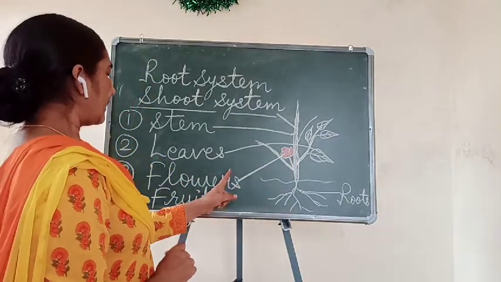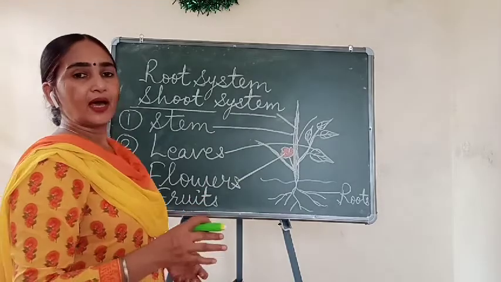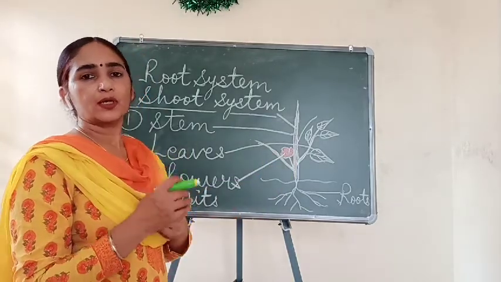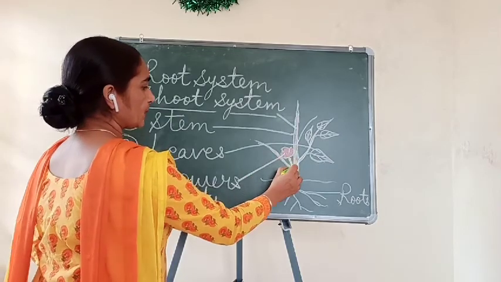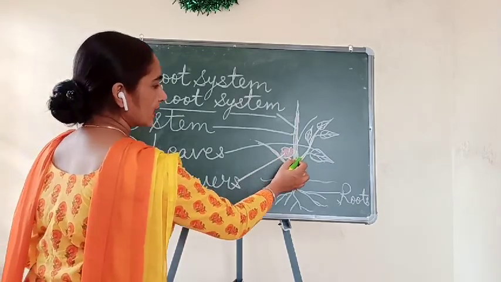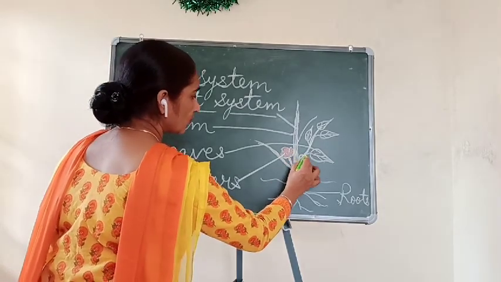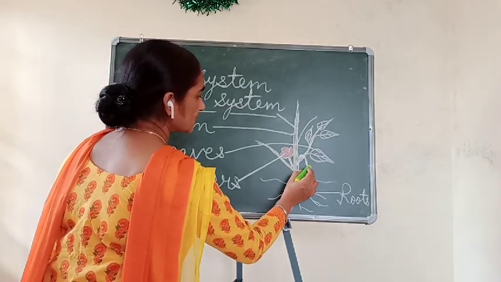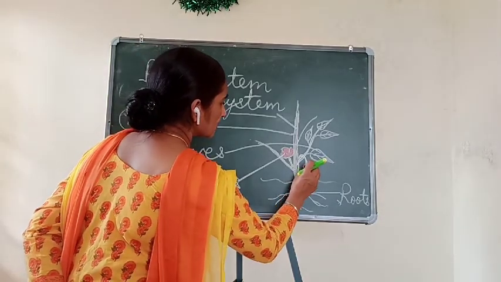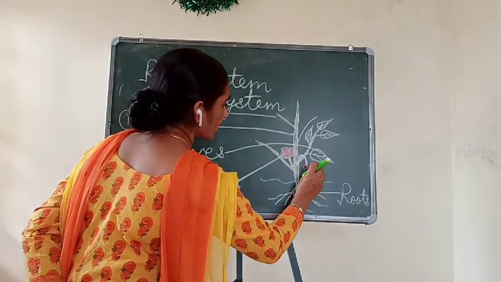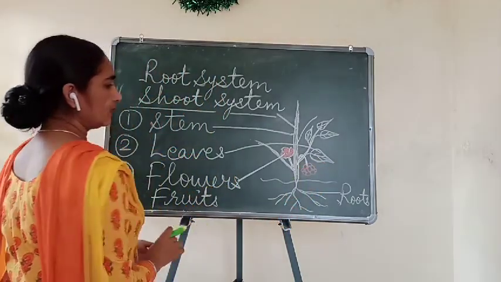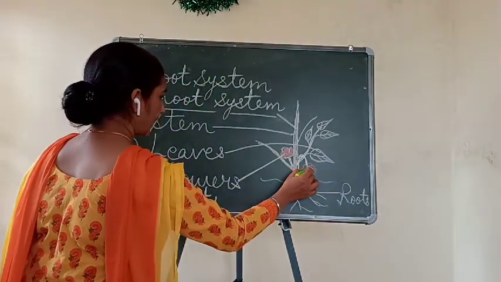After the flower matures, fruit can develop from the flower. Suppose here previously a flower was there, so from this flower, any kind of fruit can develop.